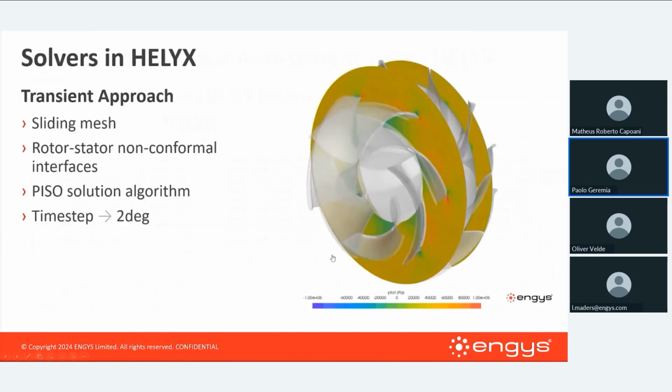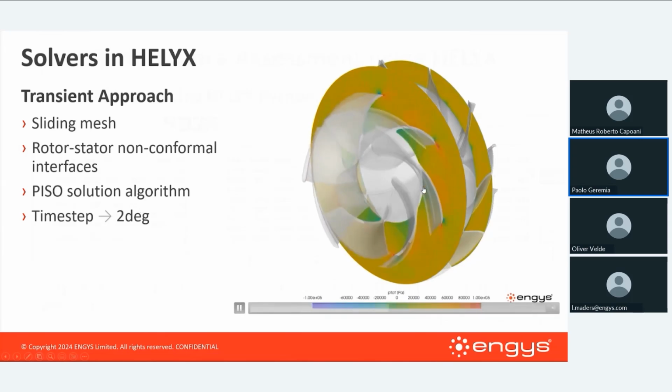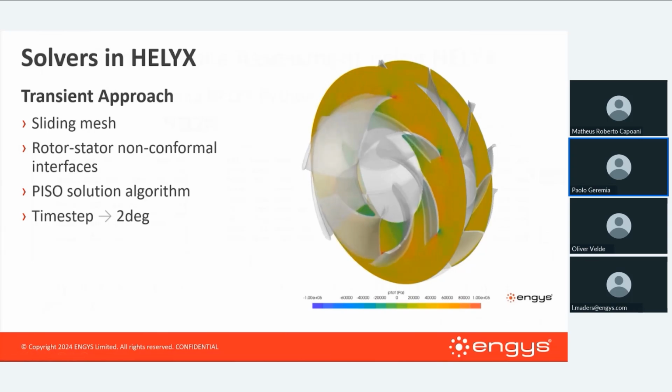And if we want to run a transient approach using a sliding mesh, we can define rotor-stator non-conformal interfaces and use a transient PISO solution algorithm, which runs basically with a time step of 2 degrees, and this actually rotates the impeller to perform a fully transient simulation.